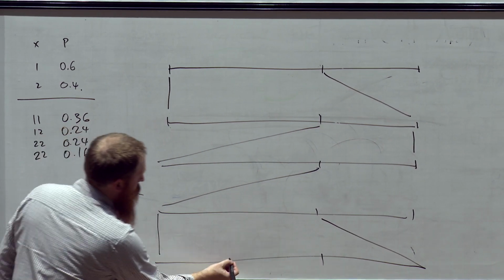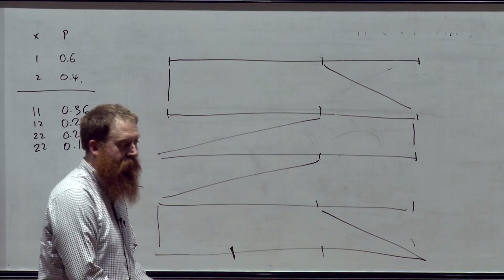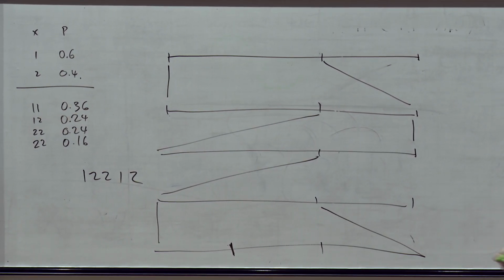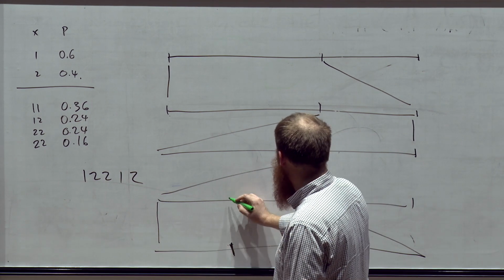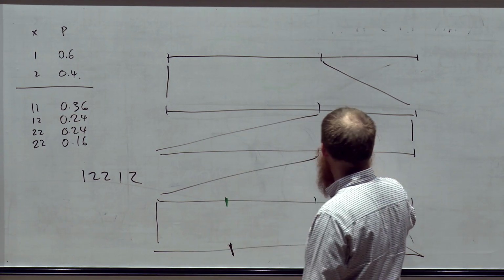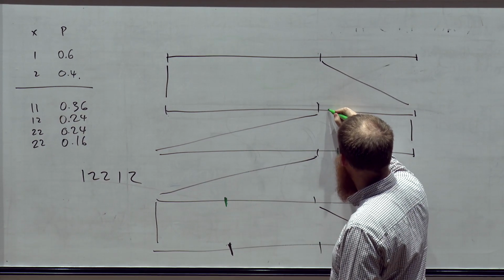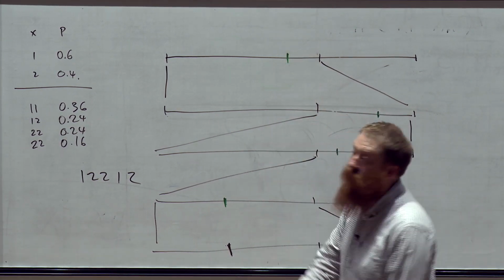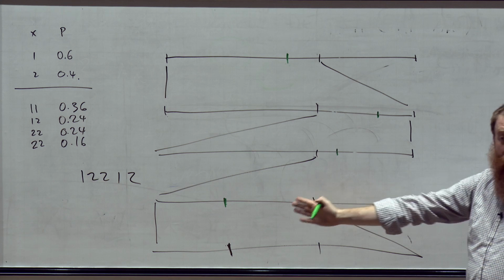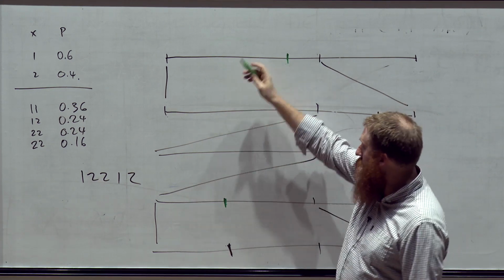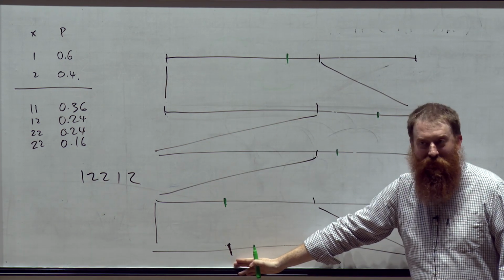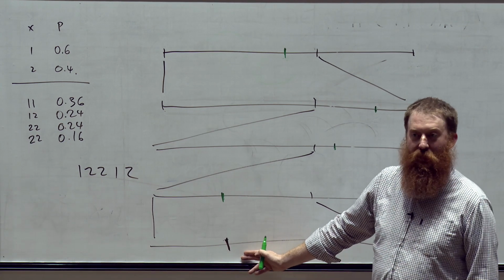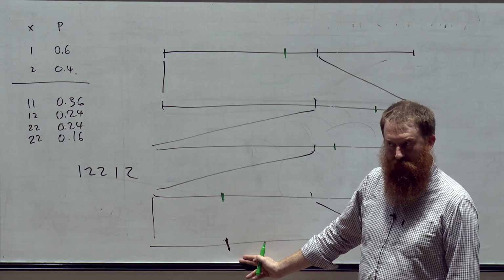Okay, and so now I communicate this point here. And all I have to do is map that back through these transformations. So this point here is that point there, is that point there, is that point there, is that point there. And so I can just construct it this way. So if I can go through this and I can find this point, I don't need to construct the code word for any other input when I'm doing the encoding.